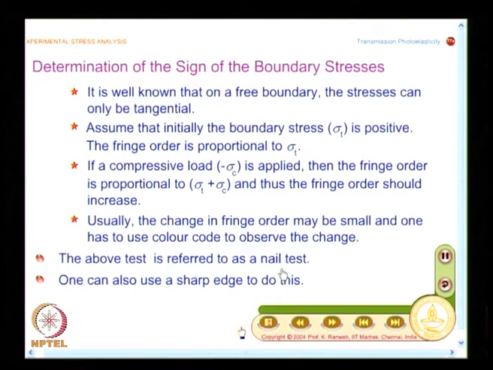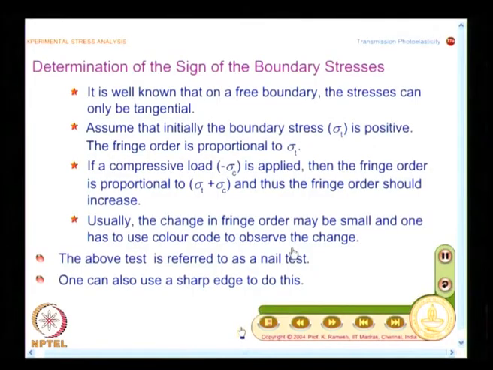And as I have mentioned, the change in fringe order may be small, and one has to use the color code to observe the change, whether the fringe order has increased or decreased. You will get the information by knowing the color sequence.